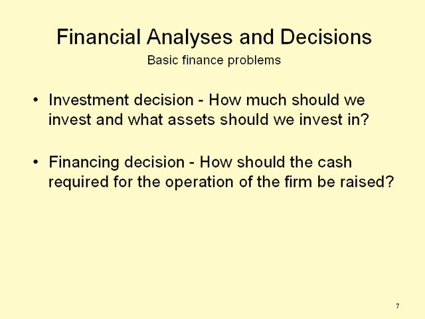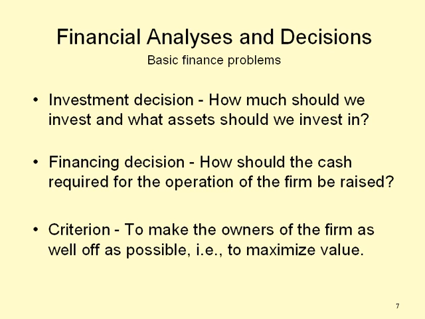The financing decision is often characterized as how should the cash required for the operation of the firm be raised? There are essentially two general sources of financing: debt financing or borrowed funds, and equity financing, which is often raised by selling stock or retaining earnings. Both of these decisions are made with respect to one criterion, and that criterion is to maximize the wealth of the owners, or to make the owners of the firm as well off as possible.